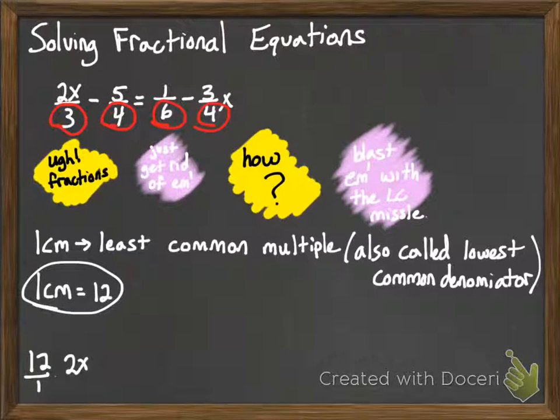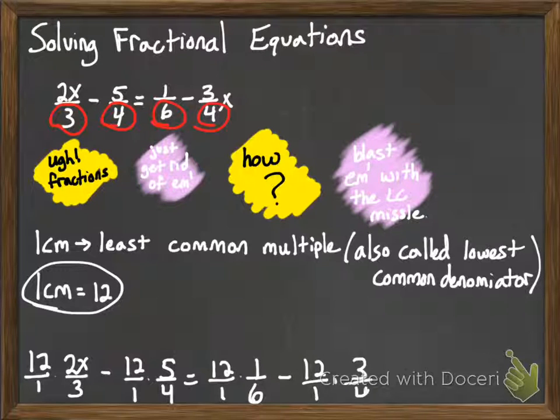As I begin to write, since I'm multiplying that 12 times a fraction, remember the number 12 has a 1 underneath of it, so I can write that as a fraction. It's just to help me as I'm multiplying out those fractions. And so just take that 12 times each one of my fractions, and then we go through and we start to simplify.